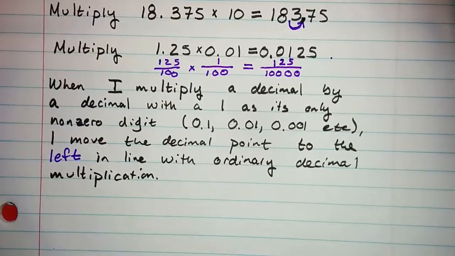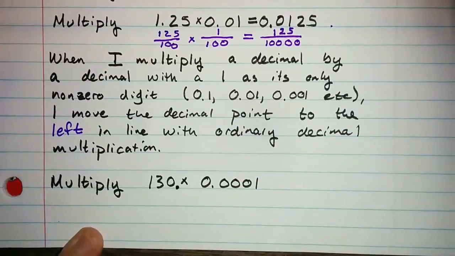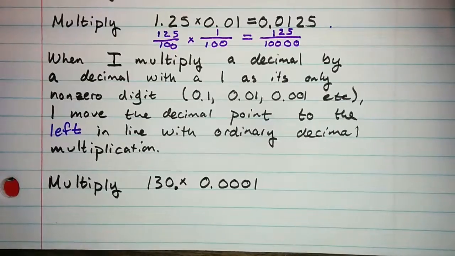I'm going to give you one of these to try as well. Multiply 130 times 0.0001. Pause the video and try this now. Alright, remember that 130 is 130 point, so it has no digits to the right of its decimal point.